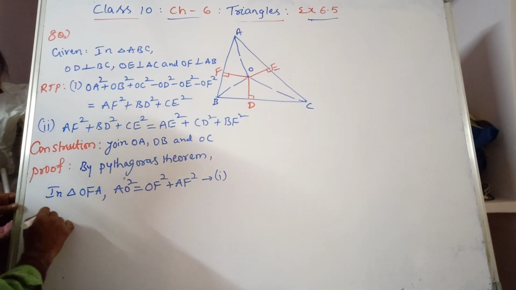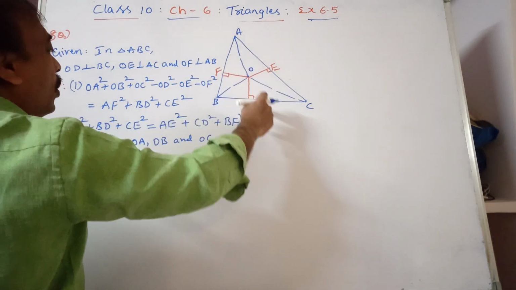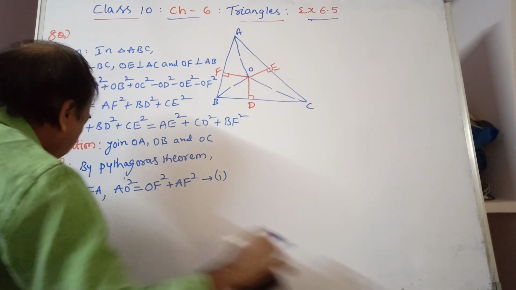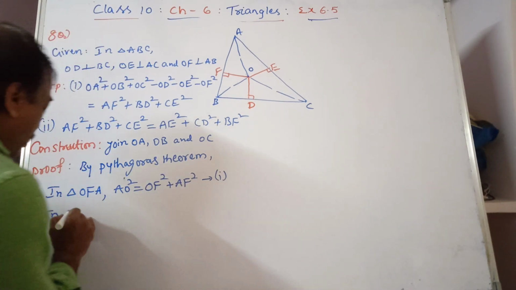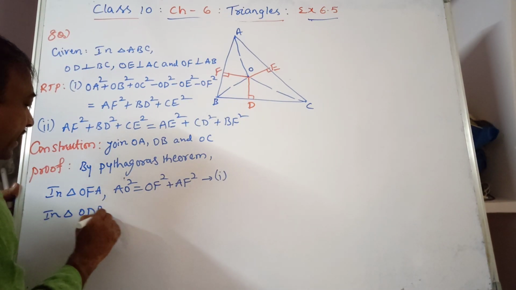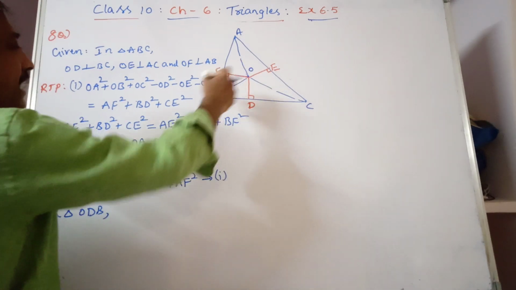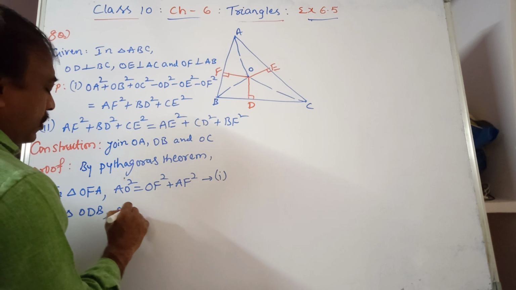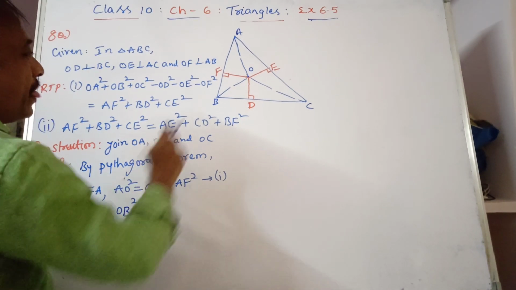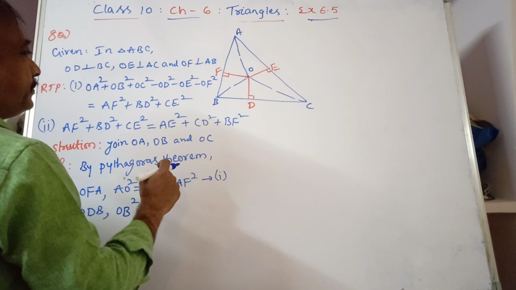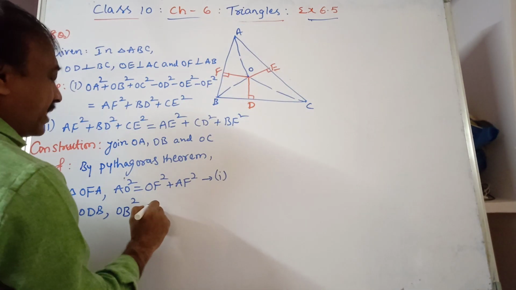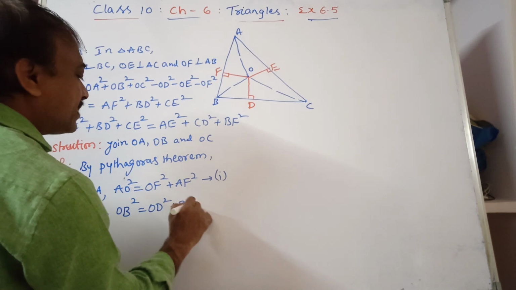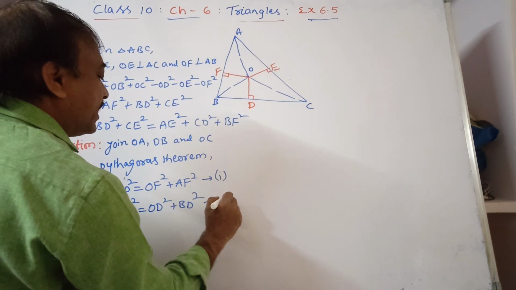Next, similarly, in triangle ODB, again by applying Pythagoras property, OB square is equal to OD square plus BD square. This is equation 2.